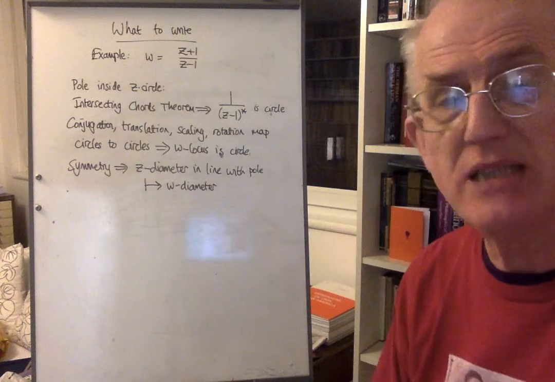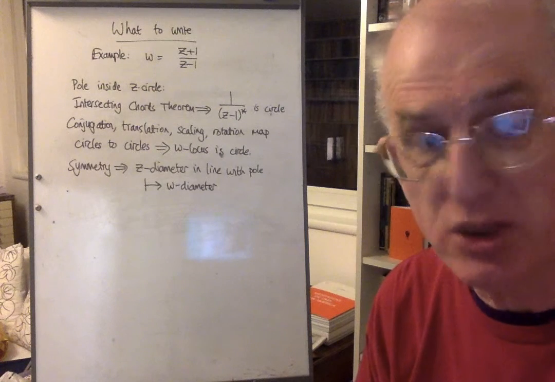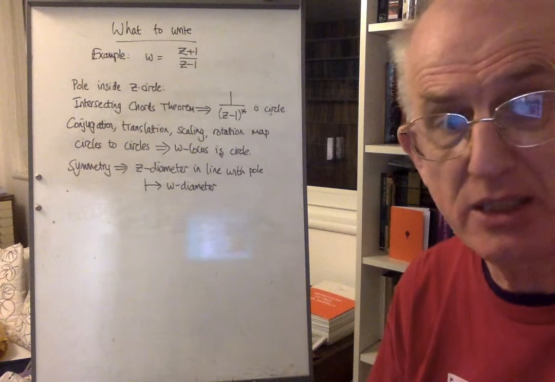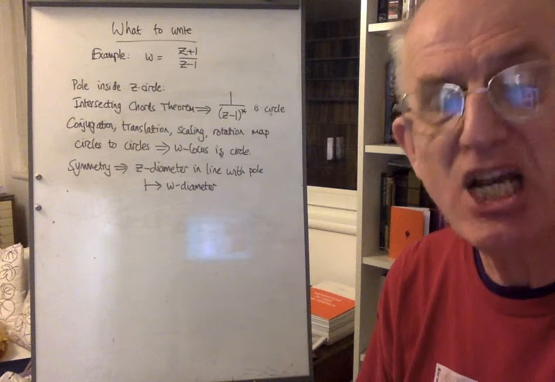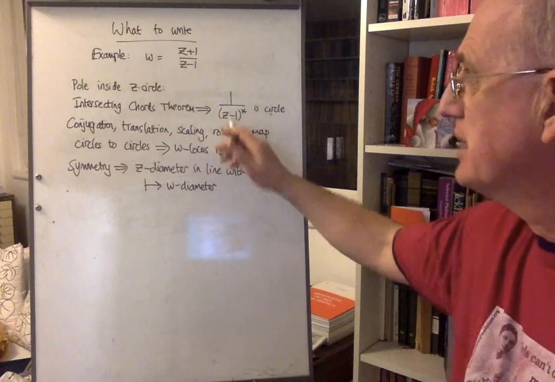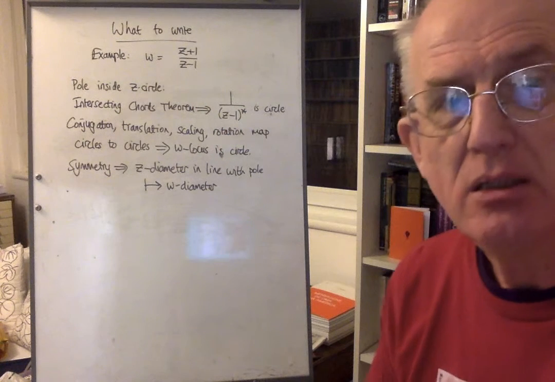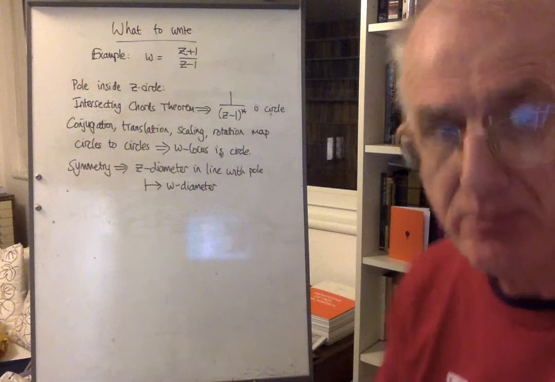Suppose the pole is inside the z circle. For example, the z circle is mod z equals 2, and the pole, which is z equals 1, is inside it. Then you can say the intersecting chords theorem implies that the conjugate of 1 over (z minus 1) follows a circle.